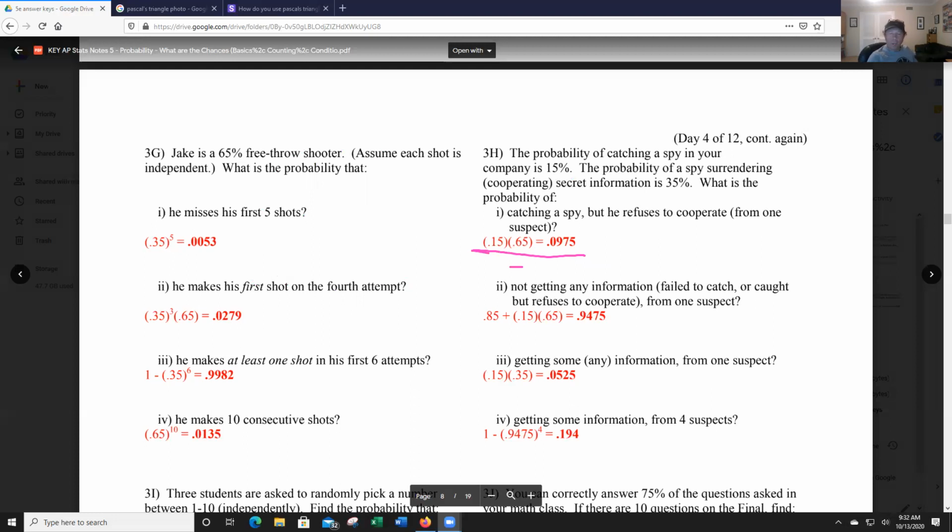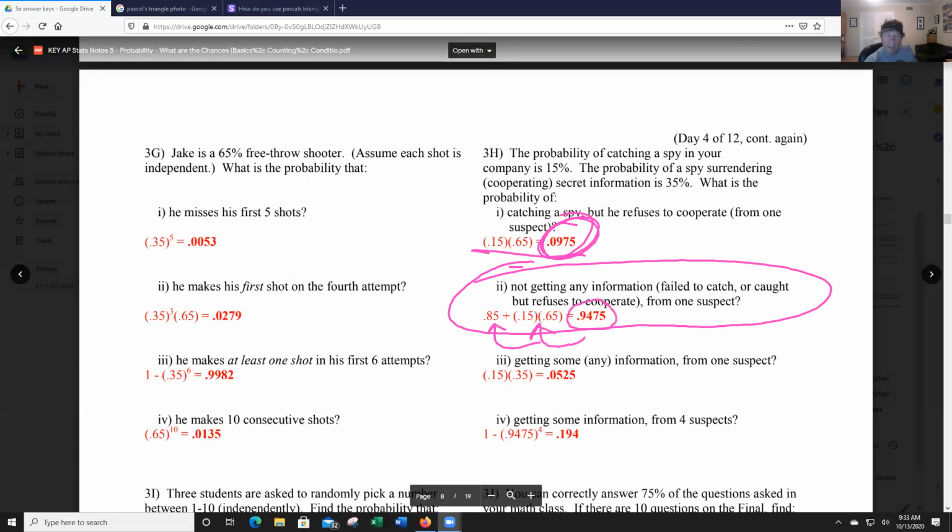Item 2 here, not getting information. Okay, there are actually 2 ways to not get information. This is a cool problem. It's a fancy problem. There's an 85% you won't get any information because you don't catch them. But there's also another way to not get information. That is if you catch them, but they don't say anything.